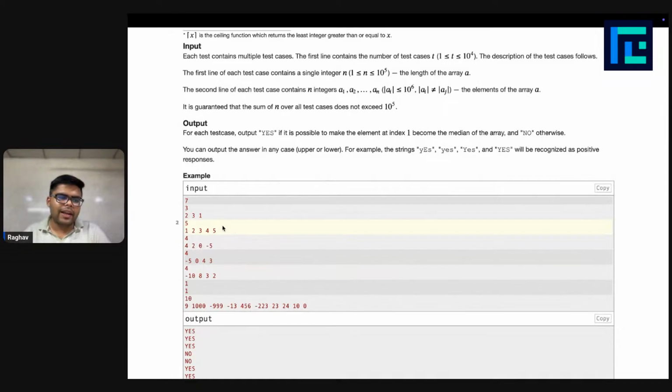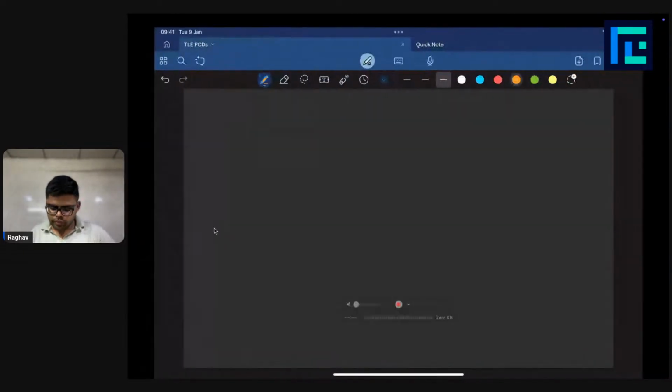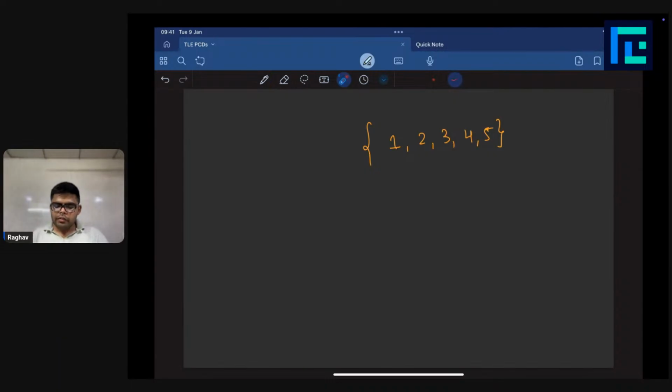Let's say you had an array like 1, 2, 3, 4, 5. Then to make sure that 1 is the median, what you want is that once the array is sorted, 1 should come at the center, right? So you want half of these people greater than 1 and half of these people smaller than 1.